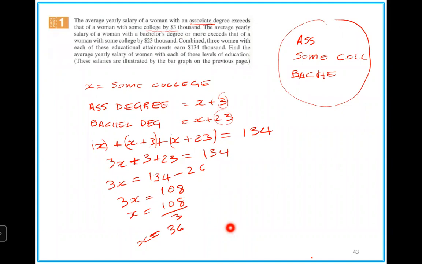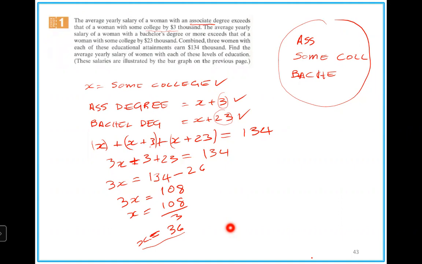Remember, we have X here for some college, associate is X plus 3, and bachelor's is X plus 23. So this X, which is 36,000, would be for which one of them? Some college.